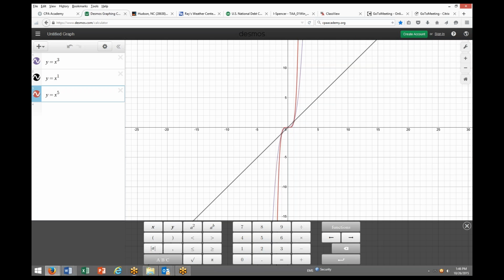This is the behavior of every polynomial function of odd degree, that its highest term, the exponent on x, is an odd whole number like 1, 3, 5, 7, 9, 11, etc. And the coefficient of x doesn't have to be just 1, but it does have to be positive. It could be 3x to the fifth, 17x to the third, whatever. It's still going to come, the graph is going to go down to the left and up to the right.